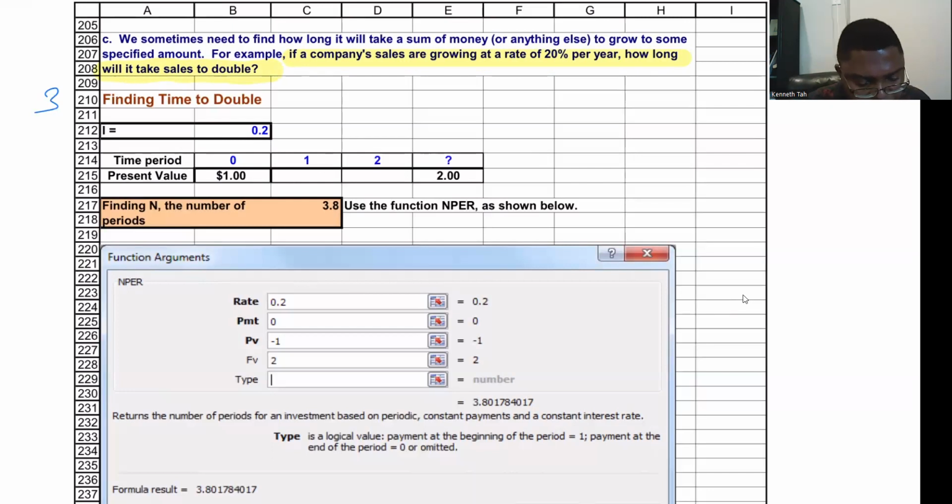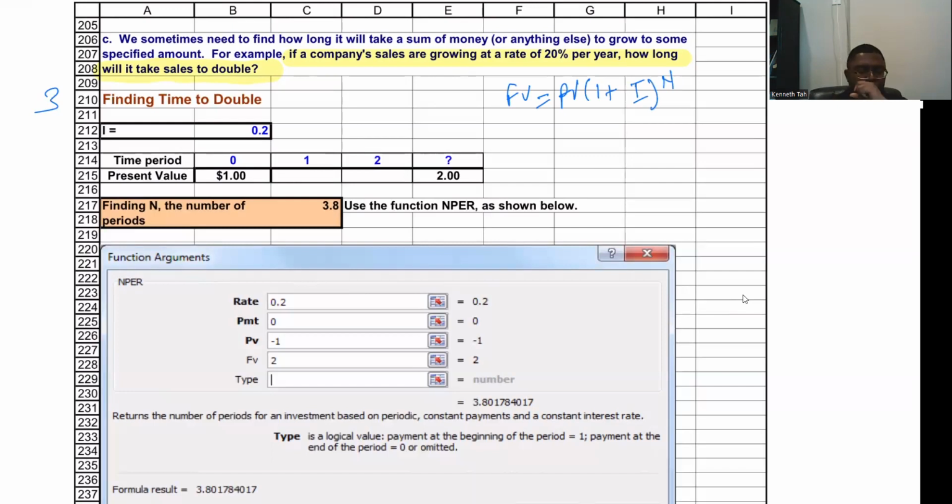If we were to do this problem, let's use the formula method. We know that future value is equivalent to present value times 1 plus i raised to the power n. We are interested in n because that is the time period. How long will it take?